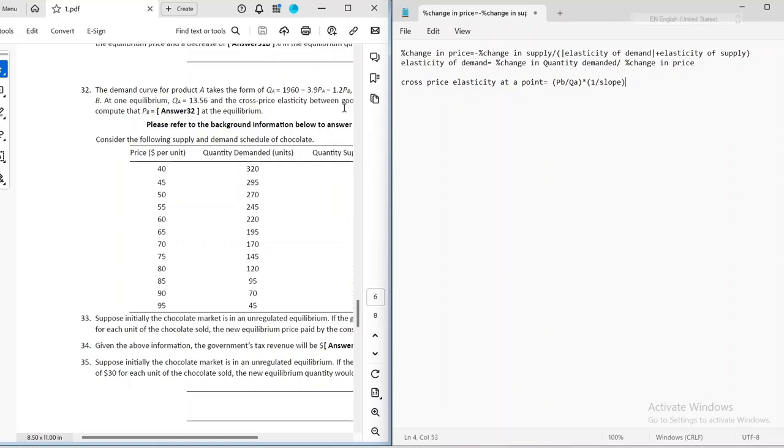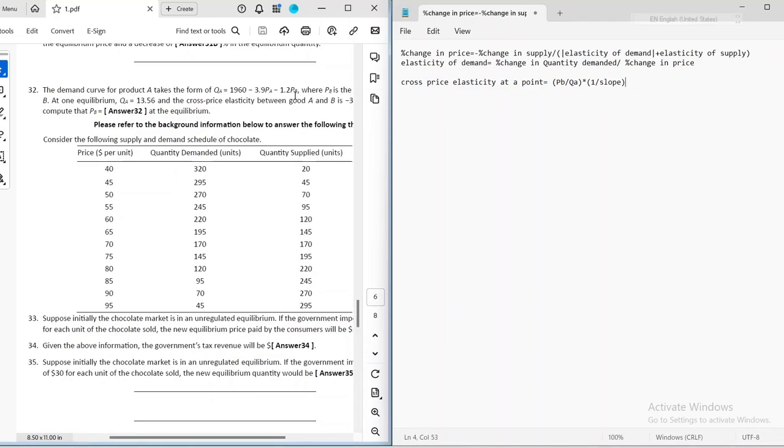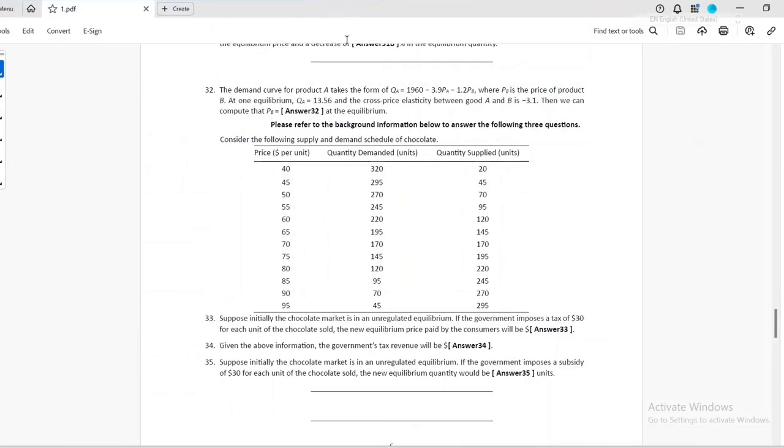All right, so what is the slope? Slope is 1 over minus 1.2, so this whole term becomes minus 1.2. Okay, and then you are given the cross price elasticity and quantity. I hope you can calculate the PB. All right, let's move on to the next question.